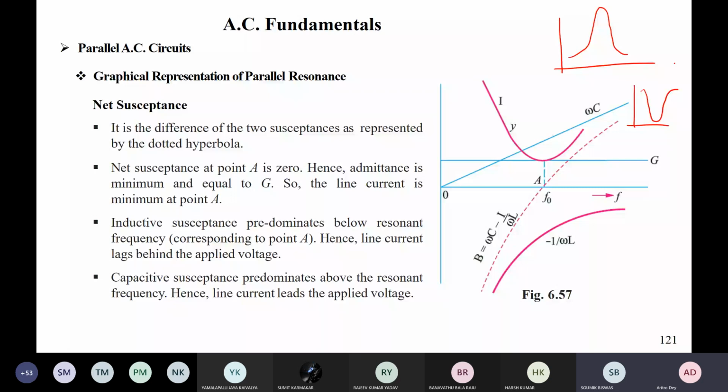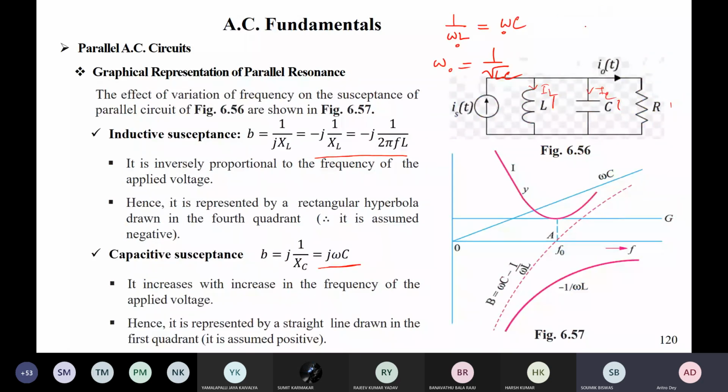If we want to write it, your expression will be R inverse plus, this is your net overall susceptance, which is omega C minus 1 by omega L. If this is conductance, conductance is denoted by what? The usual symbol is G, I think.